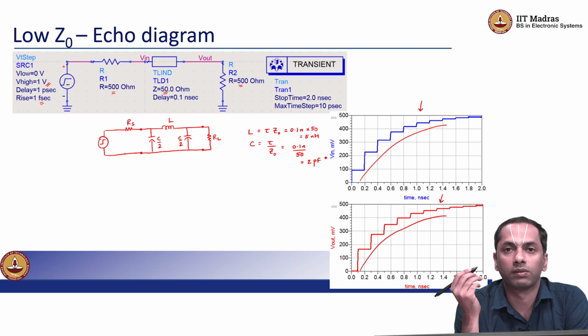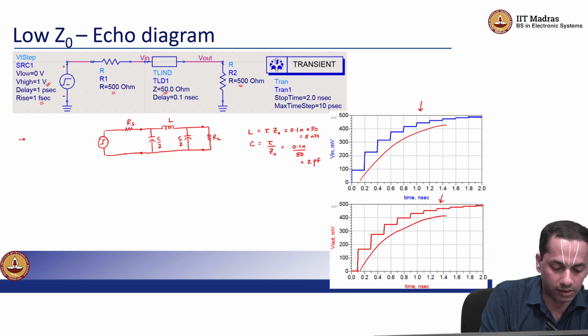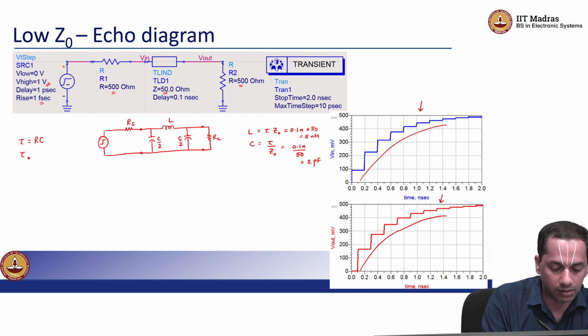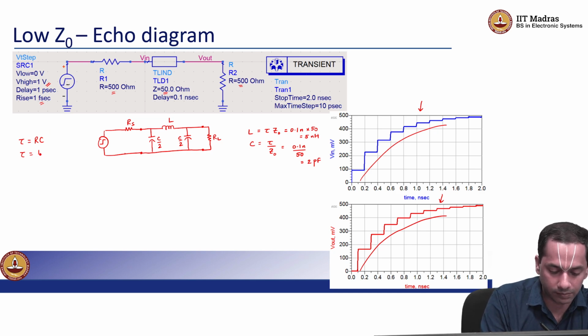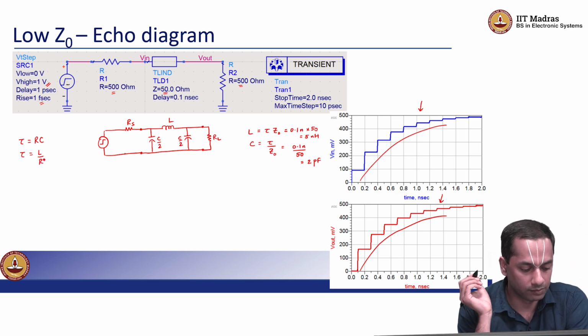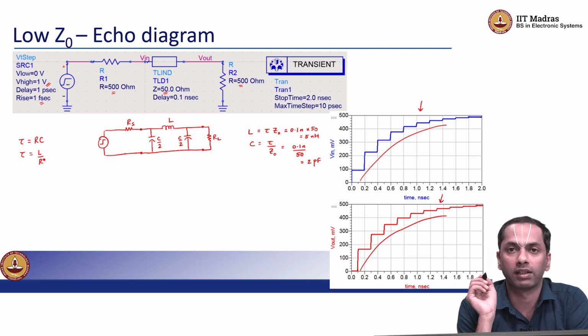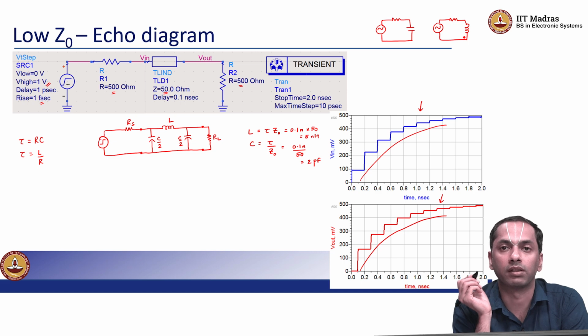Now, really the question is of identifying certain time constants. So, remember that for an RC circuit, the net time constant is RC, and the time constant for an RL circuit is L by R. I highly encourage you to go back to your simple RC circuits and RL circuits, and take a look at the time constants.